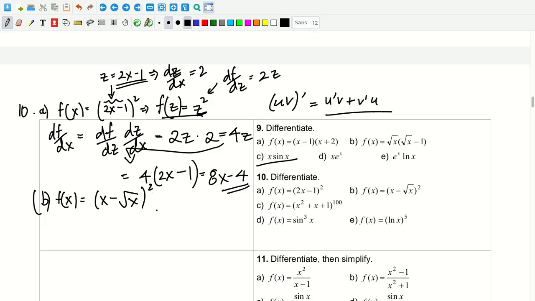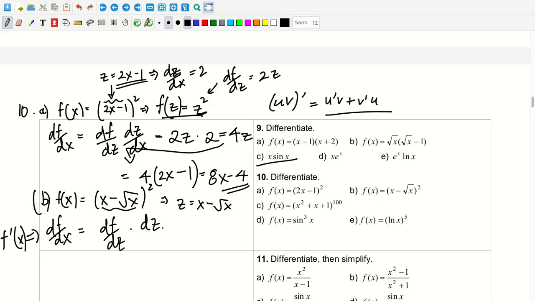Part B, let's see, we get f of x equals x minus root x, squared. Okay, and I'm going to call this guy z again, right? z equals x minus root x. And so I'm going to do the derivative. Let's do it. So df/dx, right? And this is Leibniz notation. Do not get scared. It's just f prime of x. Equals df/dz times dz/dx.